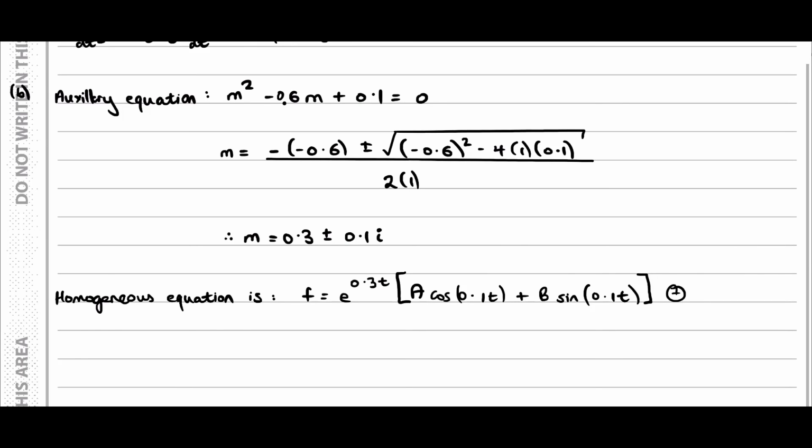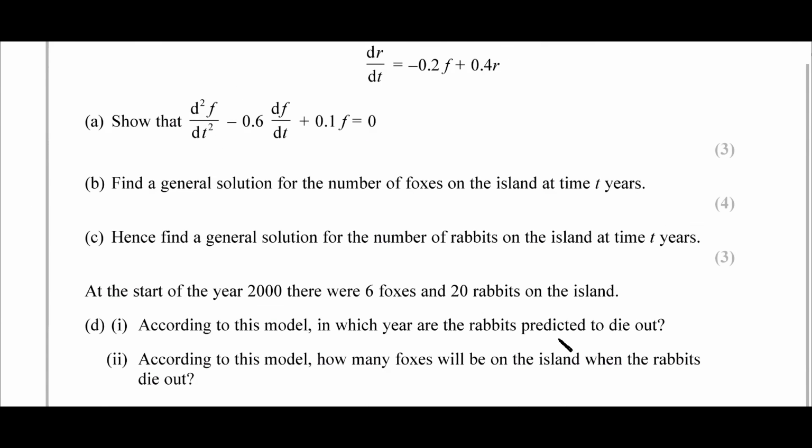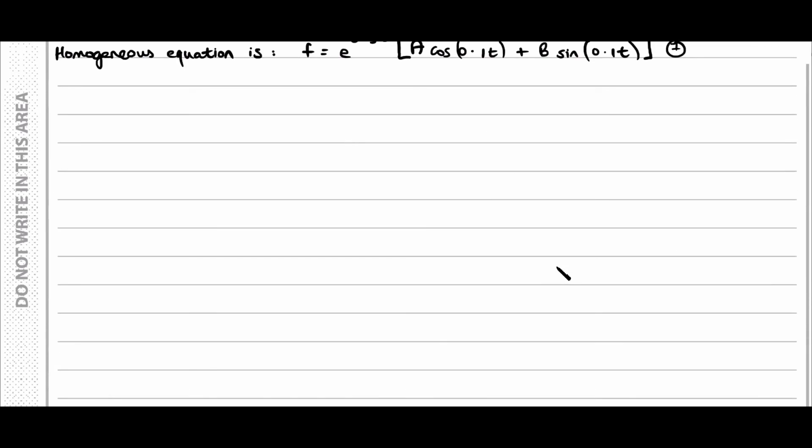So now for part C, we have to find a general solution for the number of rabbits on the island at time t years. So we need to find out what r is equal to. And we're finding a general solution. So this again would require quite some work.